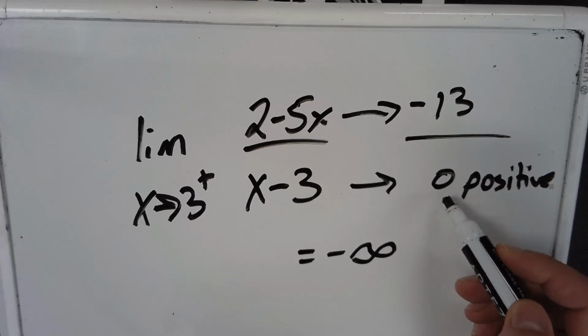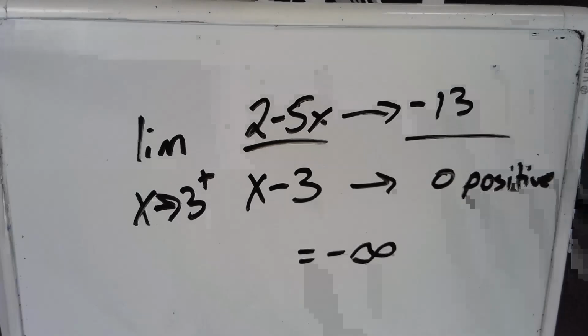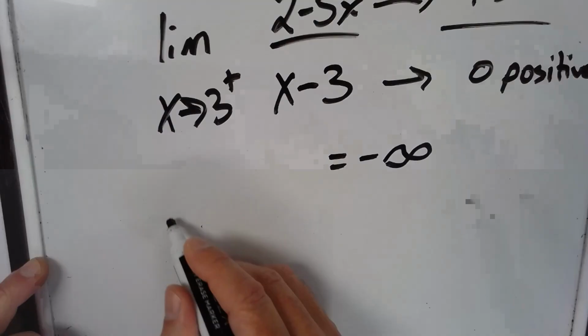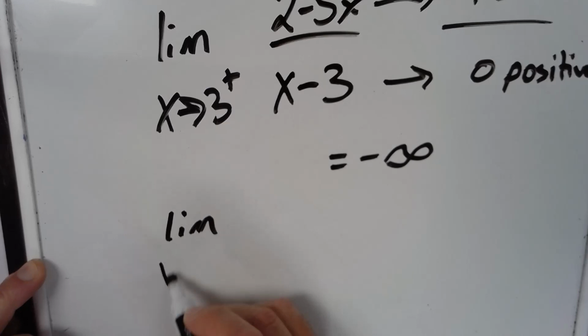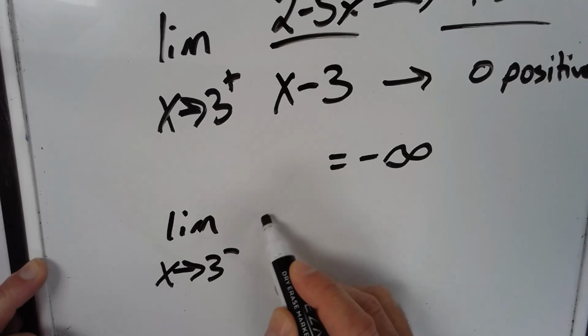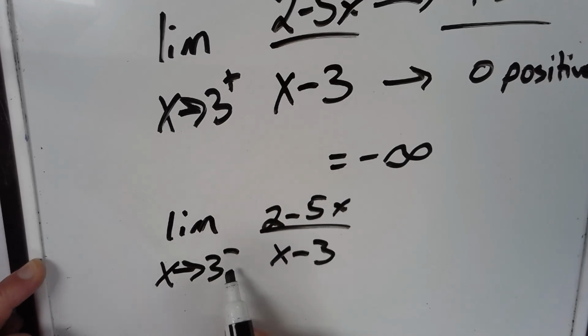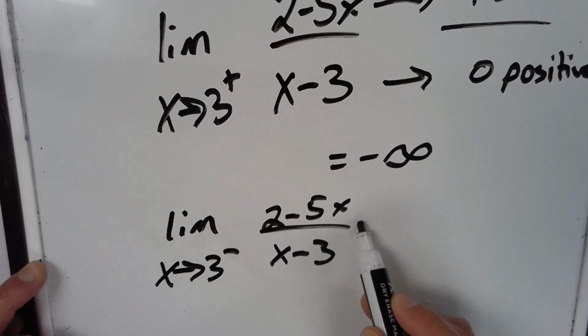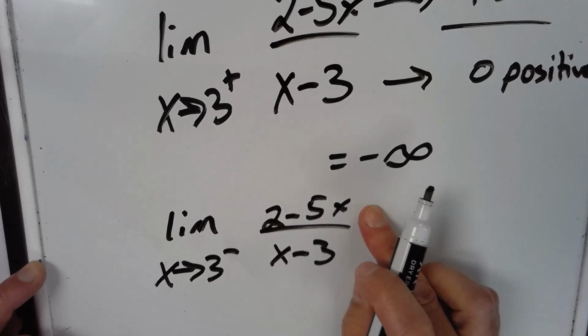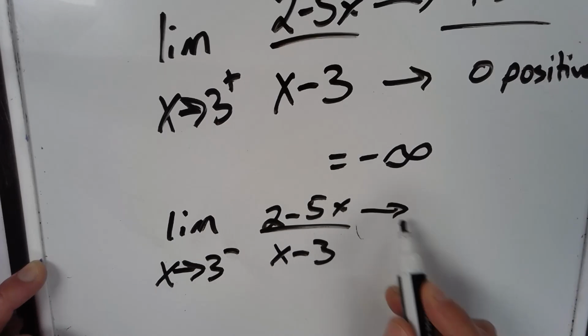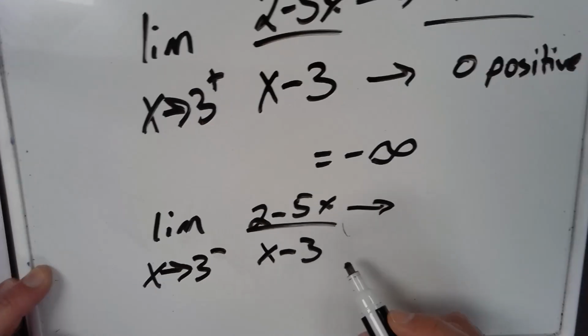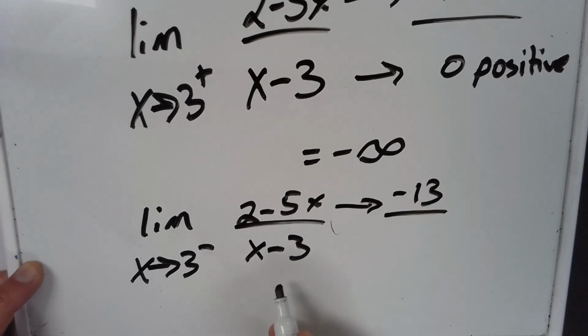Let's do another one of this. Oh, they just switch it up. So right now we're coming from the negative side. What's going on in the numerator? We're still going to negative 13, right? But now are we plugging in values bigger and smaller than 3?